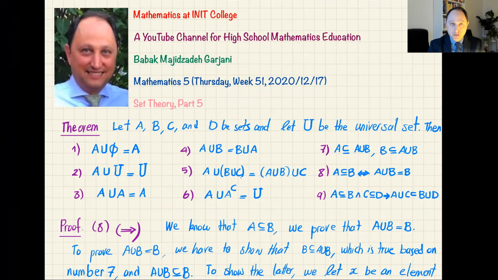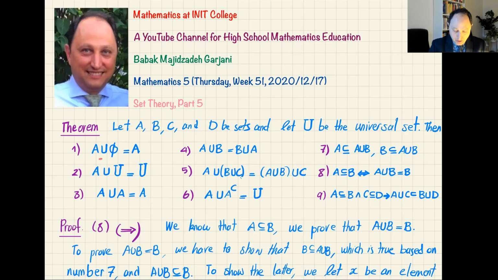Some of them are spread among the exercises without being named a theorem, so you just solve that problem and you can forget. But if you want to learn it in a systematic way, these are the formulas it's good to have in mind, okay? There is a very similar theorem for intersection as well, okay?